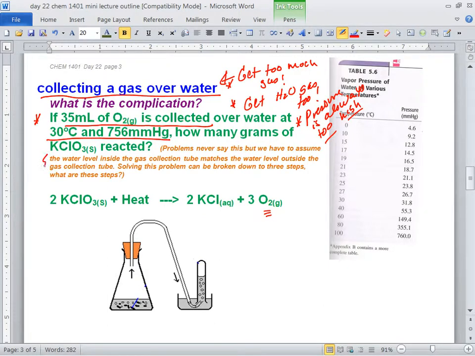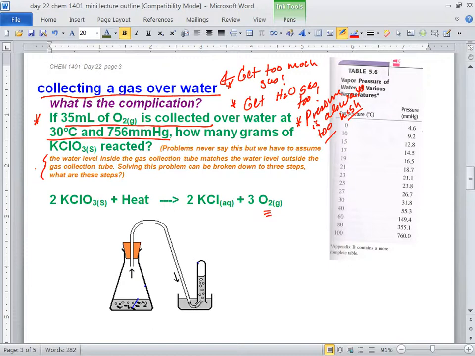This is probably more info than you need to know, but for this to make sense, you pretty much have to make these levels the same, and we'll do that in lab. That way you know the pressure inside there. That's the only way to do it. So the pressure will be atmospheric pressure. That's how they measured that pressure. Don't worry about it.